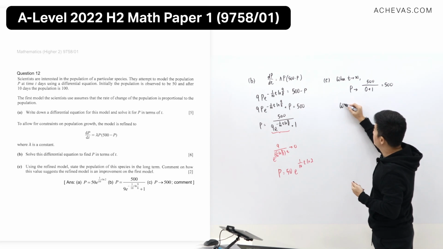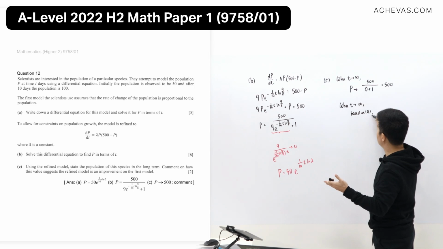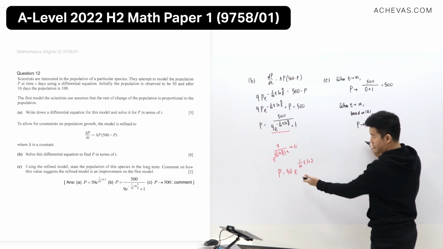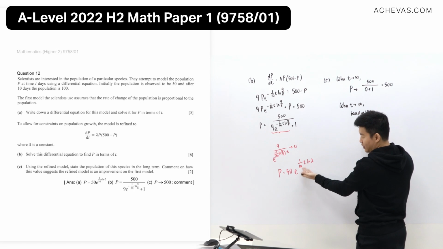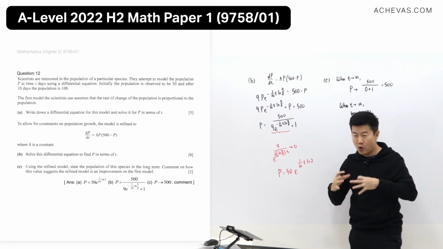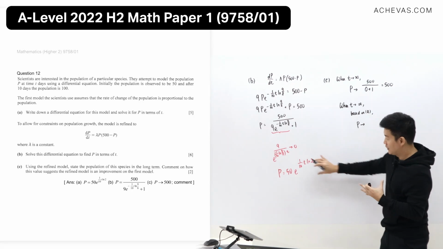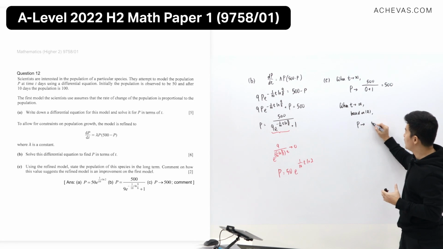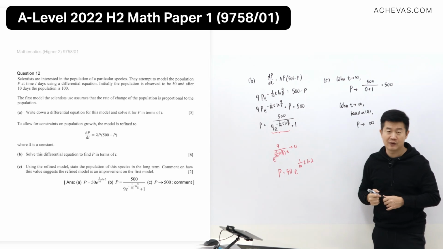So when t tends to infinity, based on the previous model, based on A, p will become, okay, this is t. Okay, so we have e to the power of, when this goes to infinity, the whole thing will go to infinity, right? So if the whole thing goes to infinity, p will also go to positive infinity.